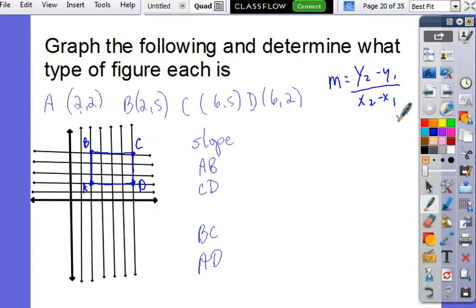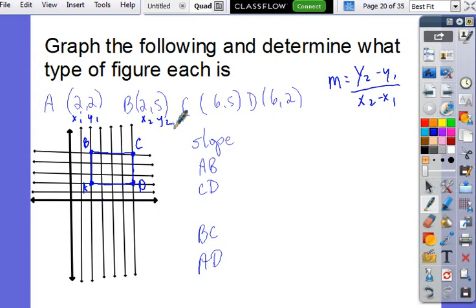So AB. What I would do if I were you is this. A is my first point, X1 and Y1. And then B is my second point, where there's X2 and Y2. And all I've got to do is plug those numbers into this formula.